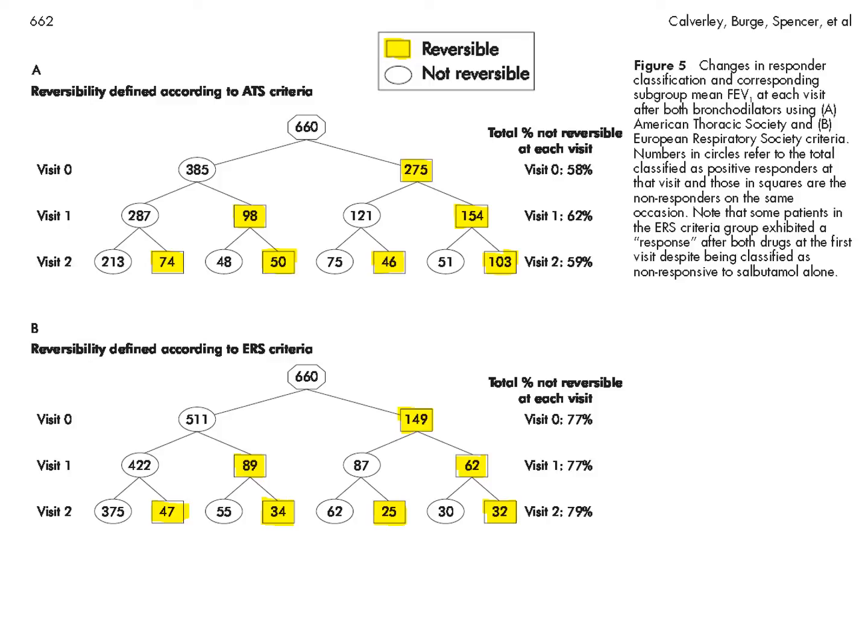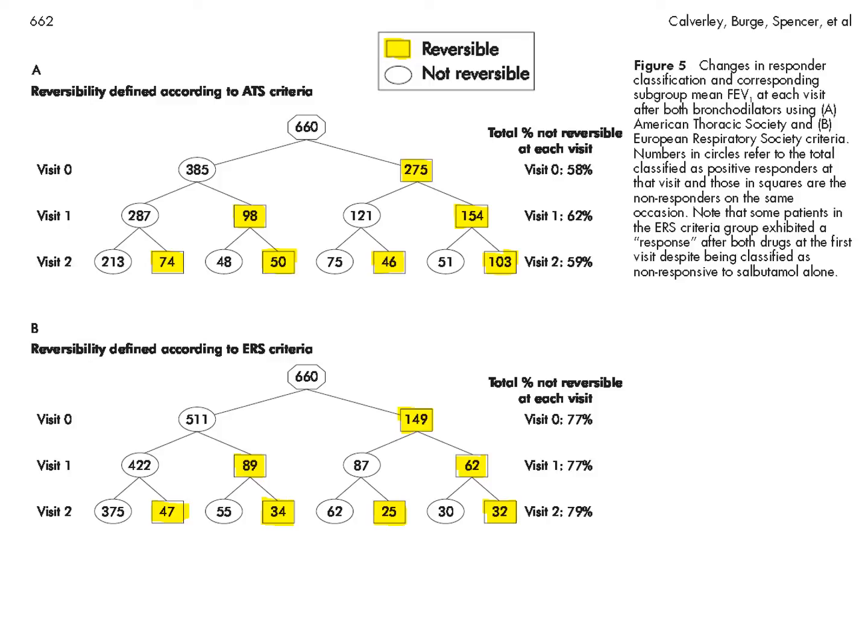If we follow the path of individual responders and non-responders using either reversibility criteria, ATS or ERS, you see a stunning propensity for individuals to change classification on each test. It's a movable feast. So we'll just follow the ATS criteria here. We had 660 people on the study, and the square is reversible.